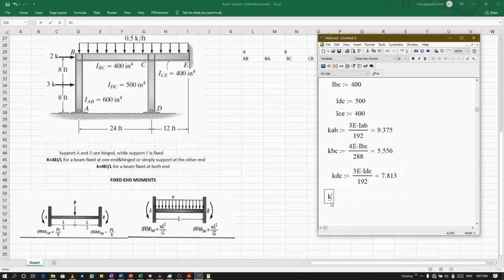So KCE will be equal to, C is fixed and E is fixed, so we're having 4E times ICE. Sorry about that.